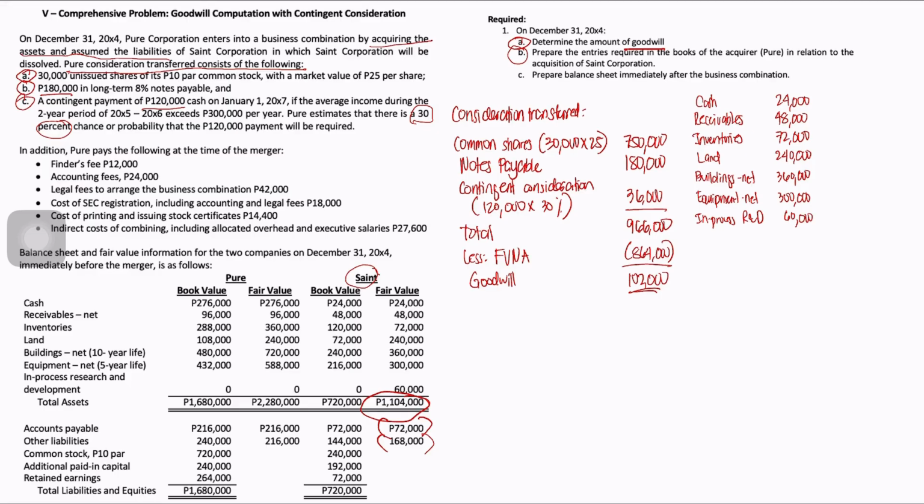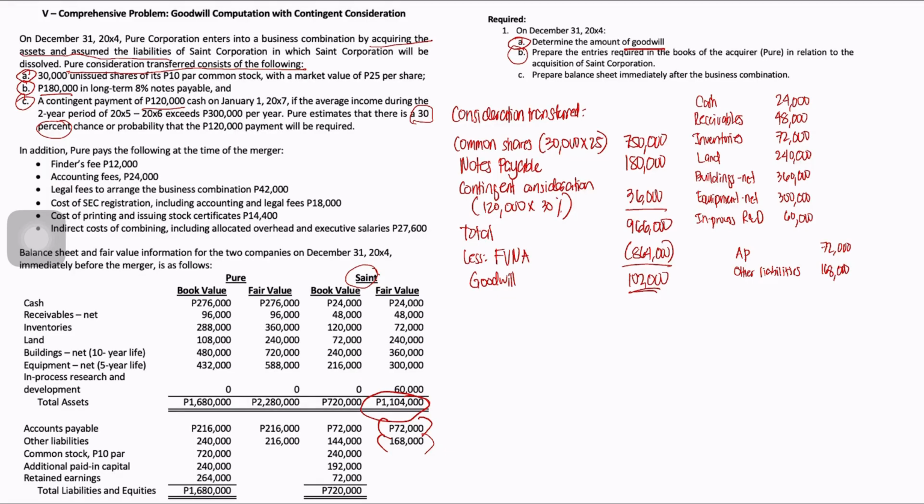The liabilities assumed are accounts payable, 72,000, and other liabilities, 168,000.